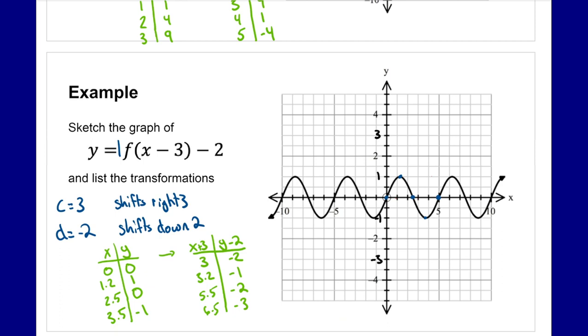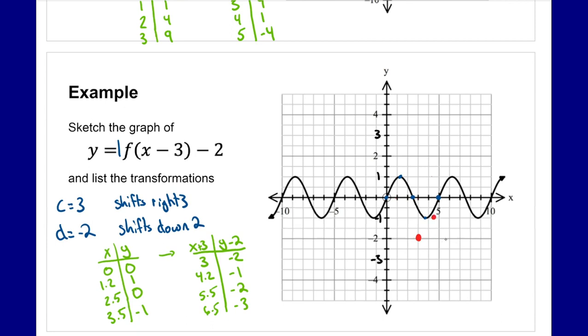So our first point will be at 3 and -2. Our next point is going to be at 4.2. Sorry, making mistakes all over the place here. So 4.2 and -1.